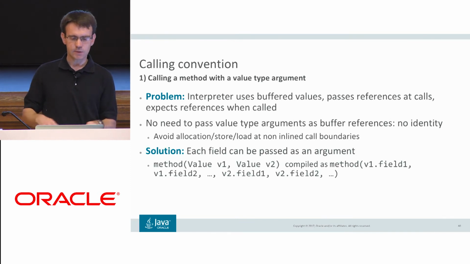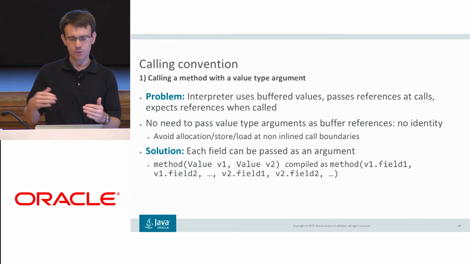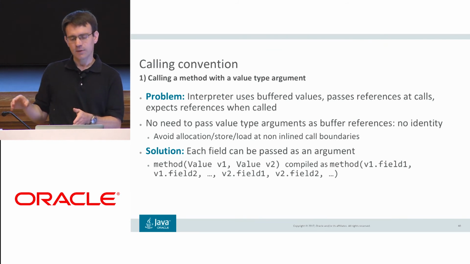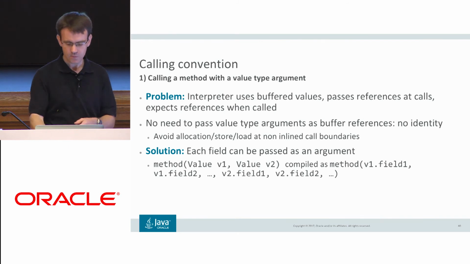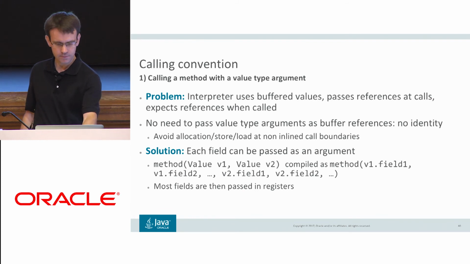The solution is, when we have a method with value type arguments, the method being compiled in fact has a slightly different signature internally, which is made of the individual fields of the value types. This way, these fields can be passed in registers.